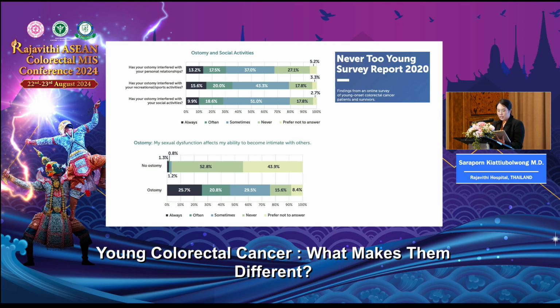After they have the ostomy, they were more likely to take leave, quit work, or leave school, and more than half have trouble managing their stoma, which affects their social interaction and makes them struggle with intimacy. So we should create an ostomy only when the patient really needs it, because the result may not be good for quality of life.